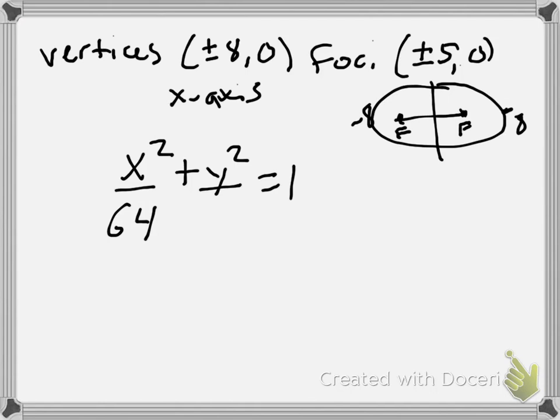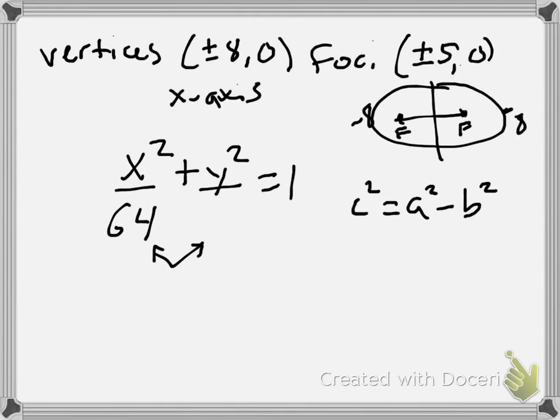So this kind of comes into play with one of your functions that you were given on page 867. It said that you can use c squared equals a squared minus b squared. Now your c squared deals with your foci. Your a squared and your b squared are these two right here. Remember, your larger one is your a, your smaller one is your b.